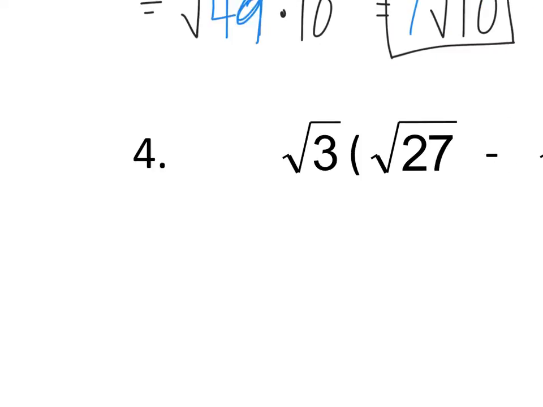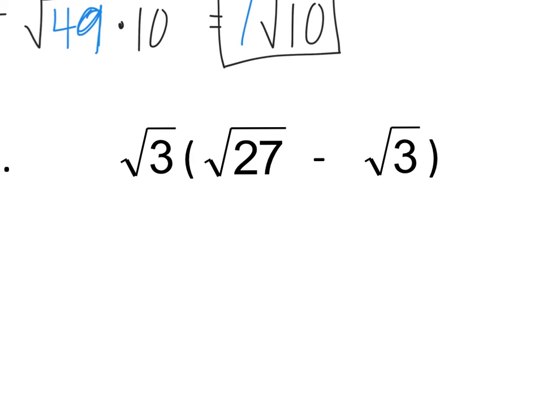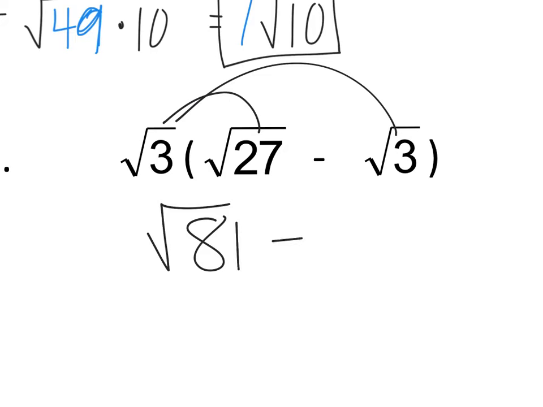And then number 4. So same idea, we're just going to distribute. So 3 times 27 is the square root of 81 minus 3 times 3 is 9, square root of 9.